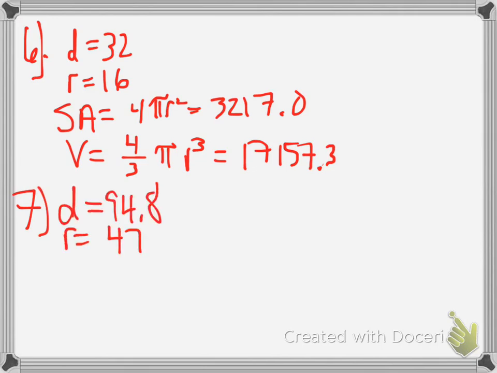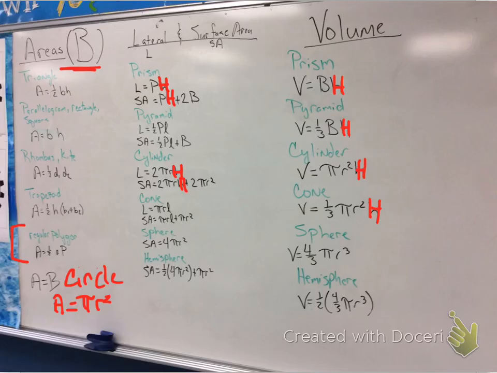Now keep in mind that number 7 is a hemisphere. So I divided by 2, but at the same time, the hemisphere is half. A hemisphere's surface area is half of 4 pi r squared plus pi r squared, and the volume is half of 4/3 pi r cubed.